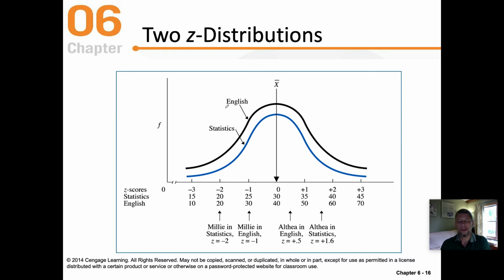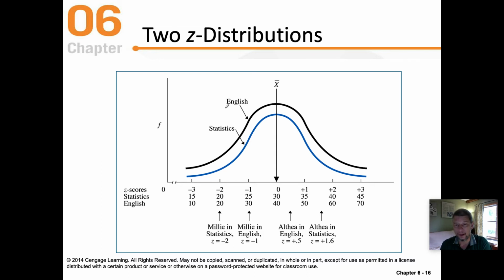In English, she's 1 standard deviation below the mean, which is not great, but it's better than she's doing in statistics. Notice though that her raw score in statistics is 20, and in English, she has a raw score of 30.